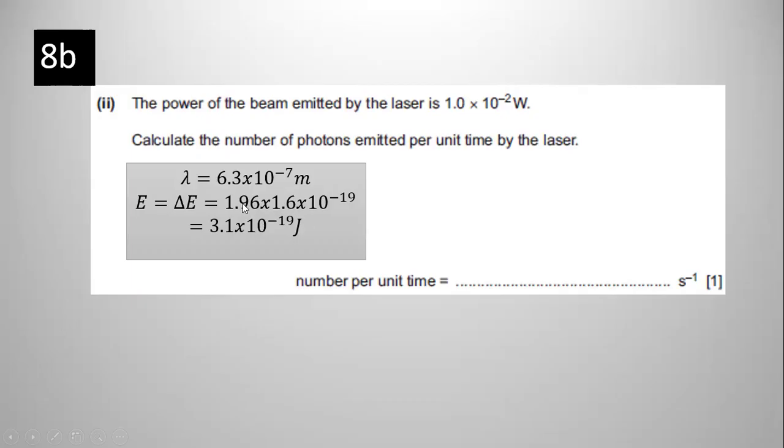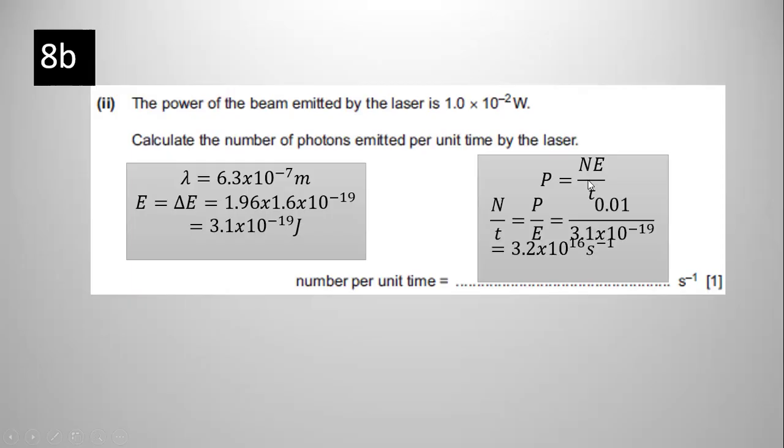Convert it to joule, 1.96 electron volt given. Then power equals n, number of photons, divided by time, times energy of the photon. And we want to calculate n over t, so take the E down: power over E. E is this one there, calculate out.